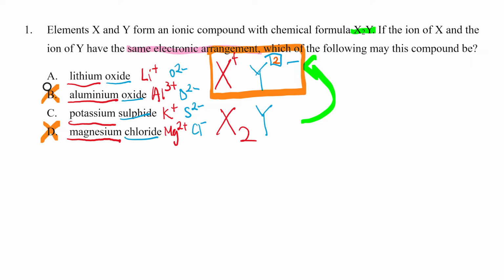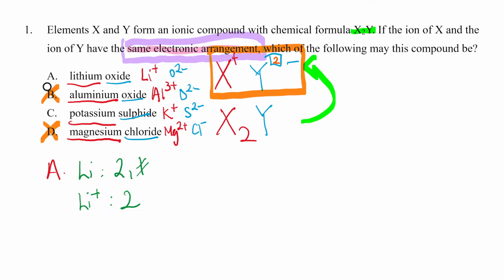Now that I know it's only option A and C, this is where I originally highlighted the same electronic arrangement. Let's see lithium and oxide. I'm going to take option A and bring it down here. Lithium has an electronic arrangement of 2,1 because it has 3 electrons. The lithium ion is when we remove this 1 electron, so it just has an electronic arrangement of 2.